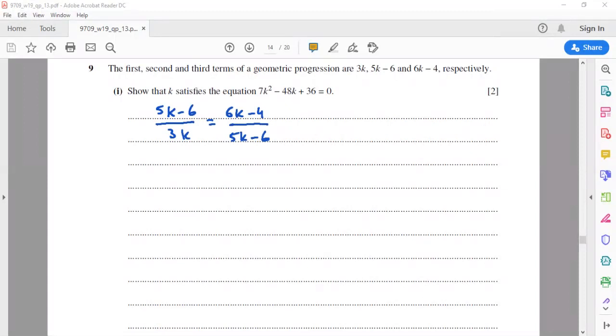Now, if you do the cross multiplication, we get 25k square plus 36 minus 60k equals 3 times 6, which is 18k square, minus 3 fours are 12k. Now shift it to one side: 25 minus 18 is 7k square, minus 60 plus 12 is minus 48k, plus 36 equals 0.